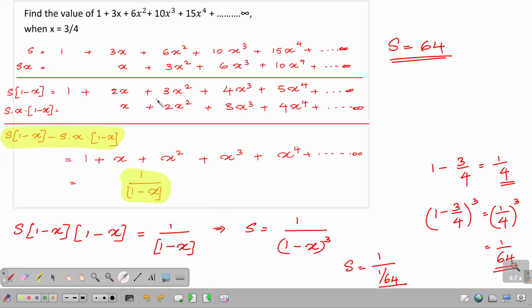For that only, all these struggles were made, and then it actually helped us. S is equal to 1 by 1 minus x, the whole cube. Simply put x equal to 3 by 4, and this will now turn out to become S is equal to 64. And this is my final answer for our question.